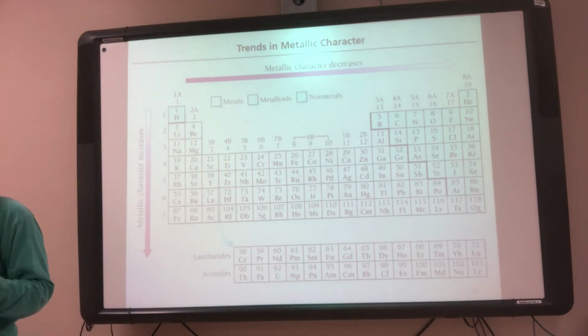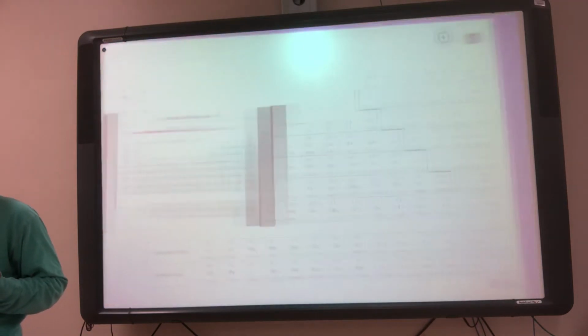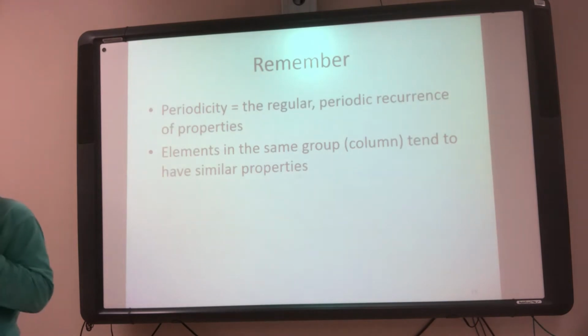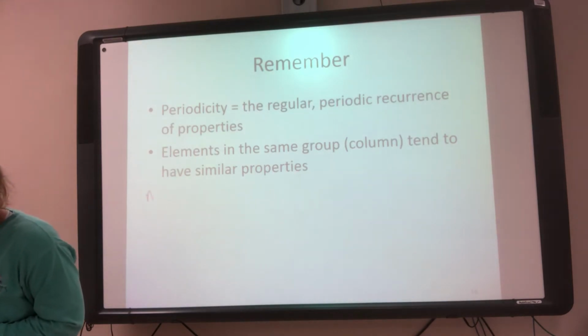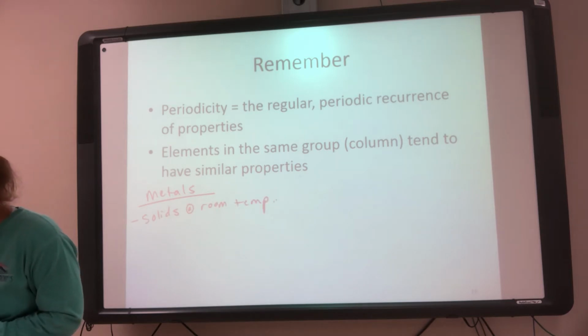But let's talk about these three individually: metals, nonmetals, and metalloids. I'm actually going to go to the previous slide just so I have more room to write. First let's talk about properties of metals. Metals are going to be solids at room temp. The only exception is what?